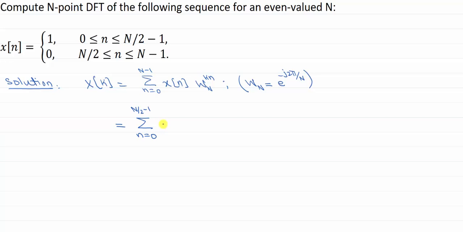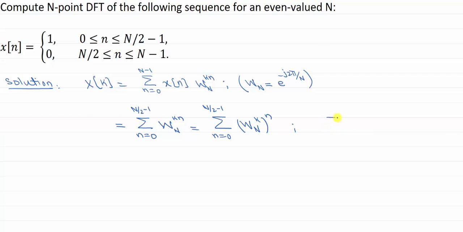And for those indices n, x[n] is just 1, so I just replace that by 1. Now I want to write this in a form that you can recognize as a geometric series, so I'll just write it as W_N^k raised to the n.